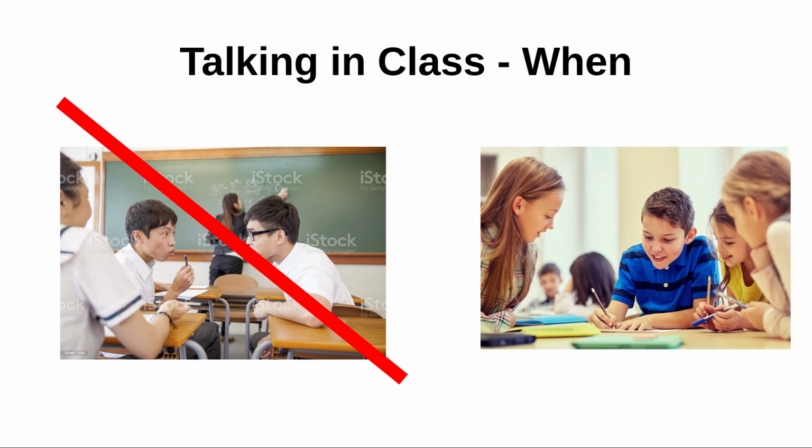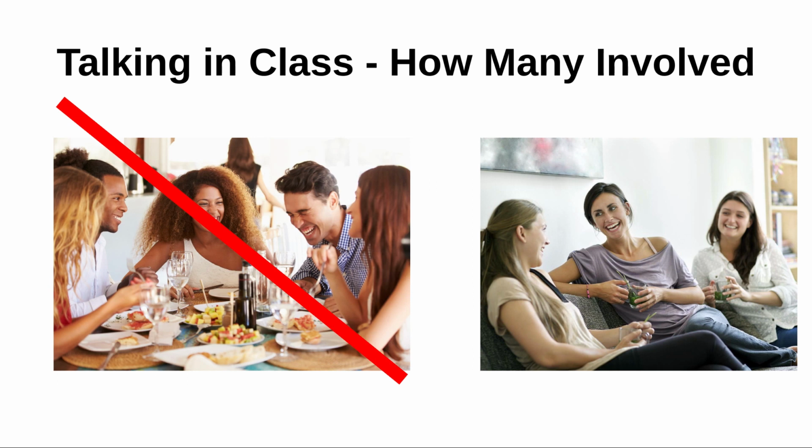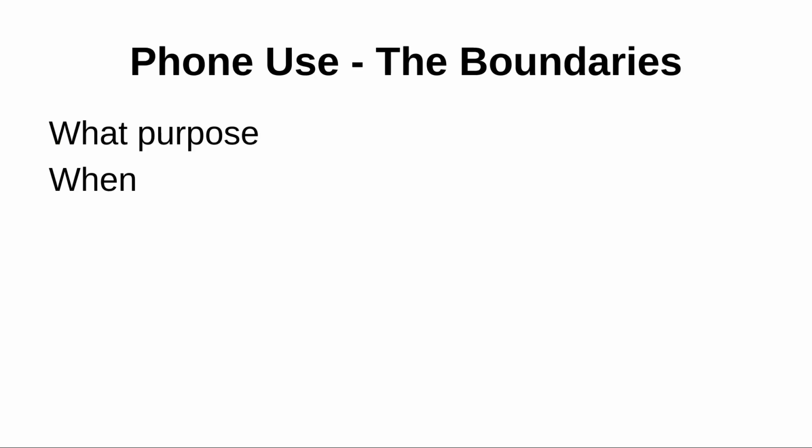If you're working together, working through an assignment, that's perfectly appropriate. If the teacher's giving direct instruction, no, that's out of the strike zone. How many involved? A private conversation, 2 or 3 people maximum, fine. Groups of people, this is not a party, we're in our classroom, out of the strike zone.